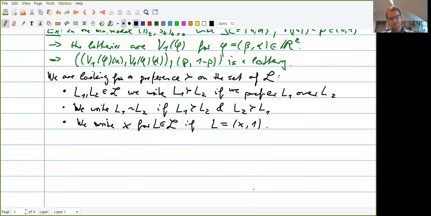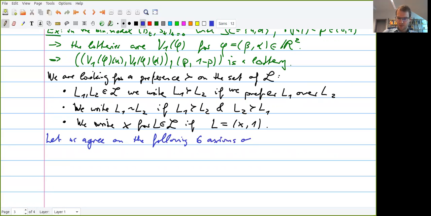Okay, and now we want to agree how such a preference relation should look like. Let's agree on the following 6 axioms on our preference relation, right?